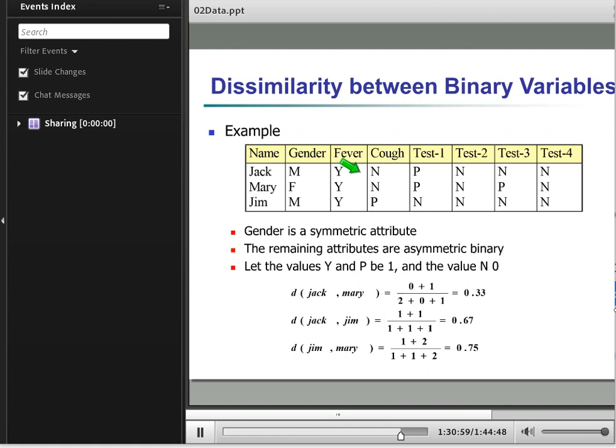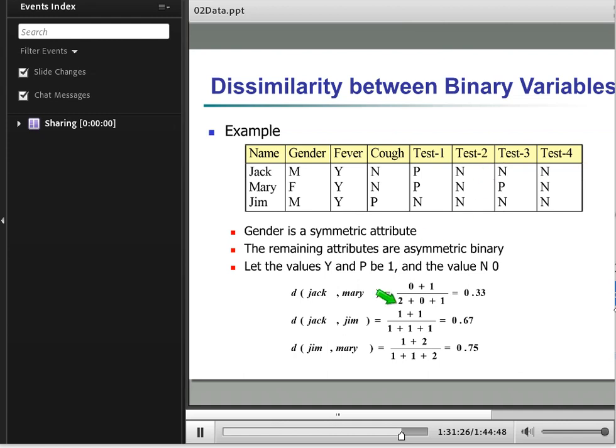And totally, in favor in test 1 and in test 3, we have 3: 1 for fever, 1 for test 1, and 1 for test 3.